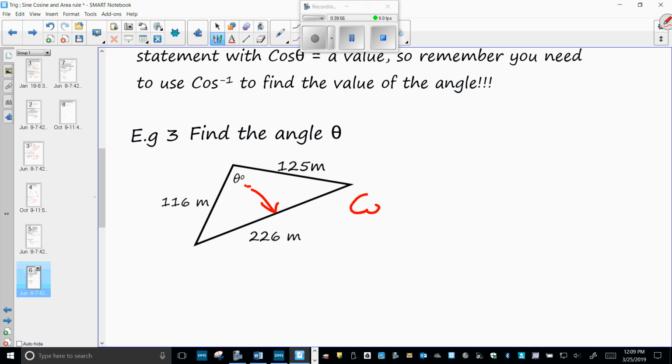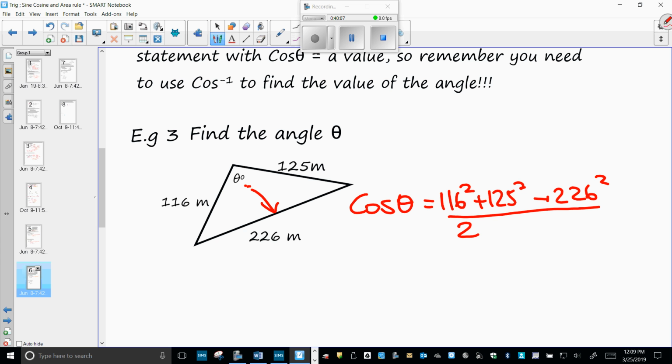So cos theta is equal to 116 squared plus 125 squared subtract 226 squared, over 2 times 116 times 125. And that's cos to the minus 1 of that answer.